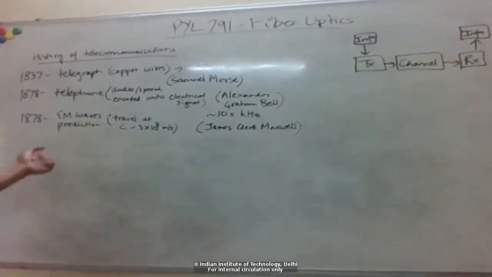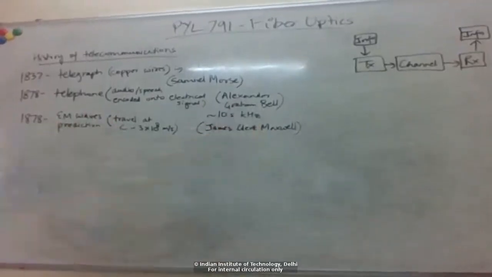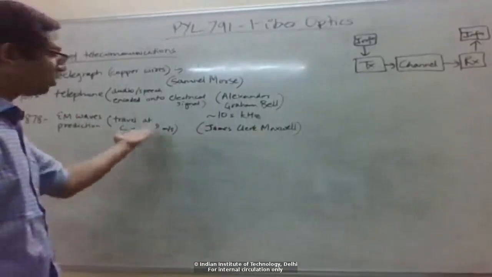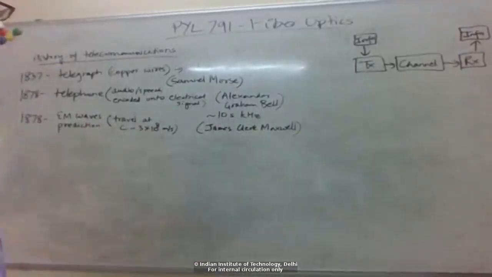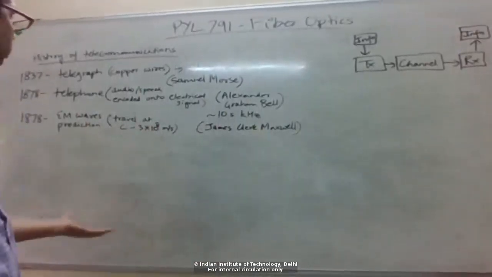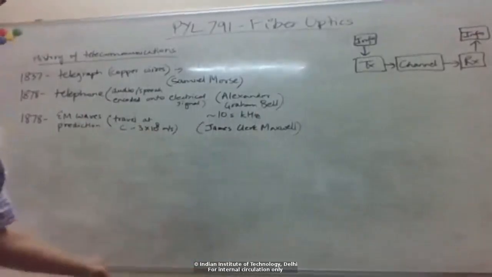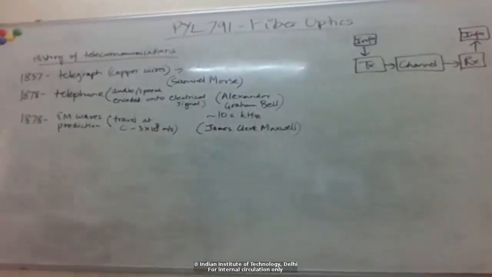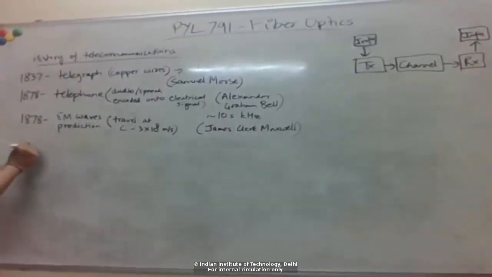The speed of these waves would be the same as the speed of light. Another consequence was that light must also be an electromagnetic wave. That was a huge insight.